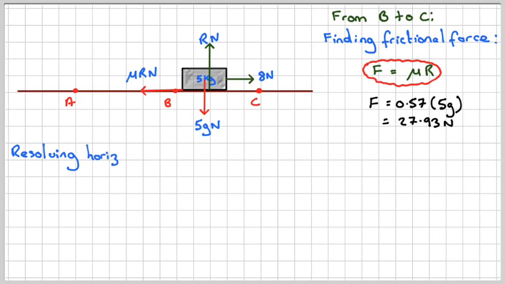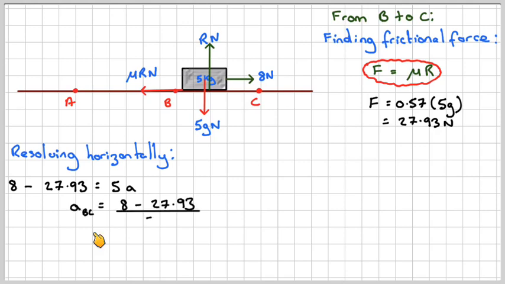So resolving horizontally, we're going to have 8 minus that frictional force, which is 27.93, is equal to the mass times the acceleration, so 5a, and therefore a_BC will be 8 minus 27.93 over 5, which is minus 3.986 meters per second squared. So we'll mark that on our diagram.